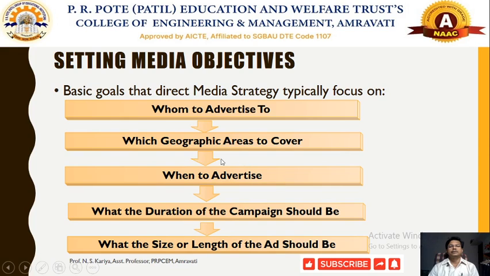During the whole year there will be different festivals, moments and events, so when exactly the company needs to advertise that product, what the duration of the campaign should be, how long the advertisement should be repeated in the media, and what the size and length of the advertisement should be. Depending on all these aspects, one can define the complete media strategy, typically focusing on these questions.